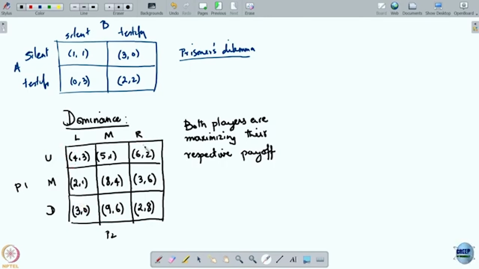Okay. Now, this assumption is what is called the assumption of rationality.